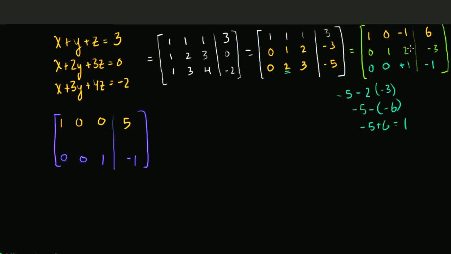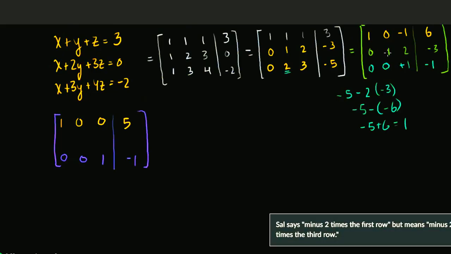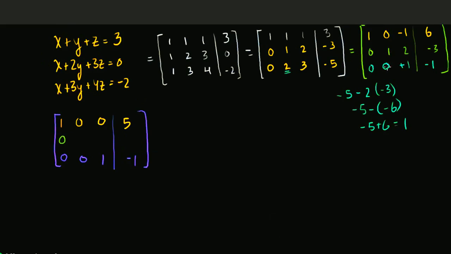Now I want to zero this row out. And to zero this row out, I'll replace it with the second row minus 2 times the first row. Right? So 0 minus 2 times 0 is just 0. 1 minus 2 times 0 is just 1. 2 minus 2 times 1 is 0.